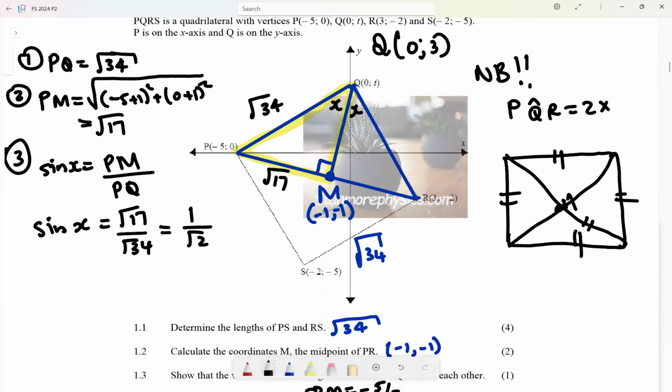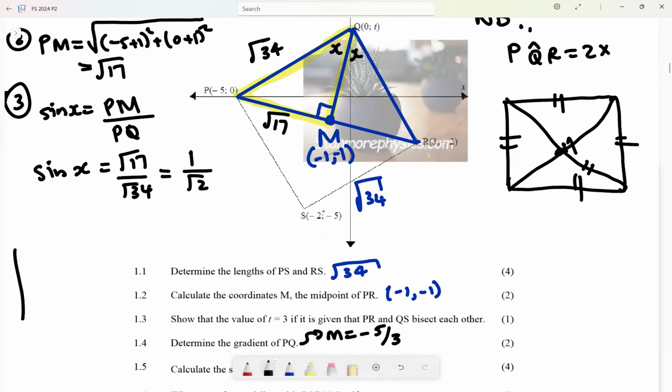By now, you should have learned that. Remember, I said I do not have a calculator for now. You should have learned your special angles, right? In trigonometry, they are very important. If this is 30 here, 30 says opposite divided by hypotenuse, and sine 30 is half.